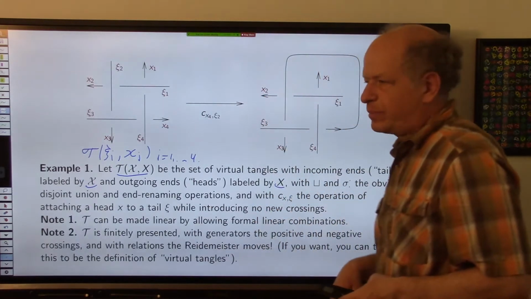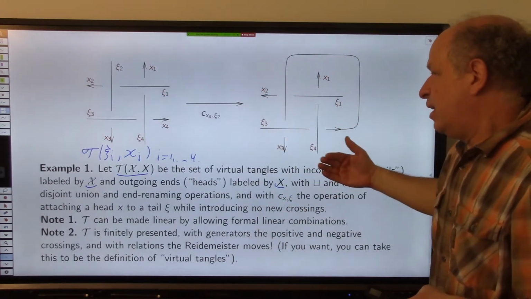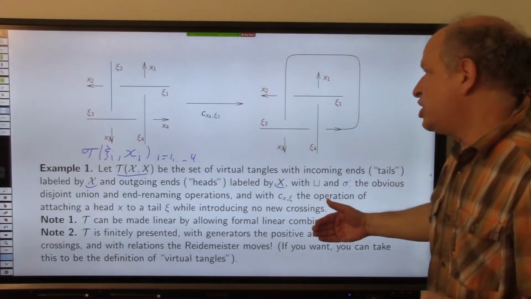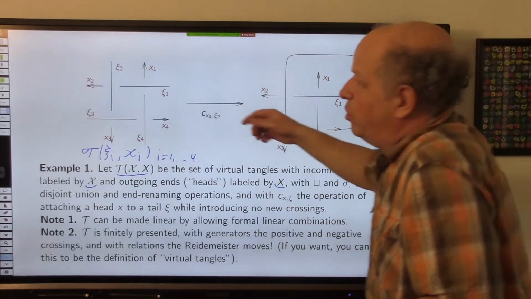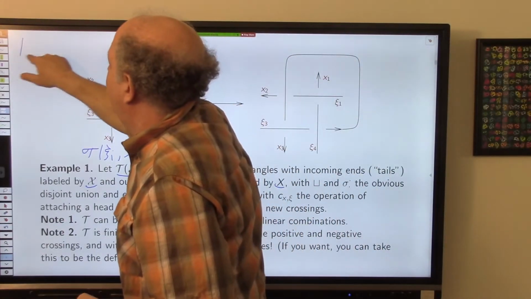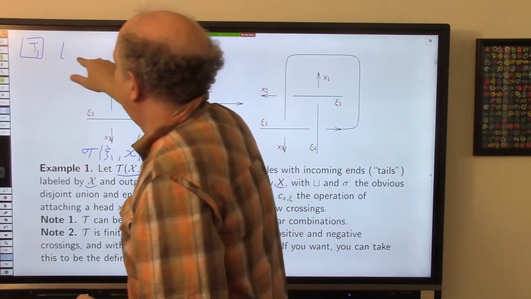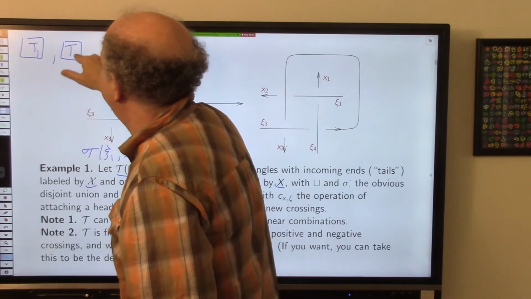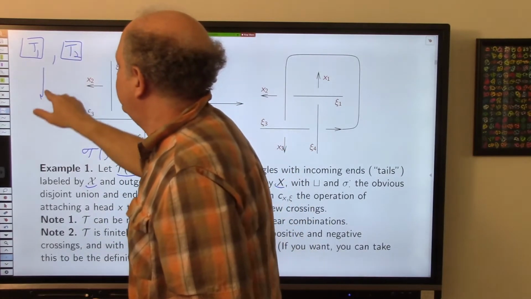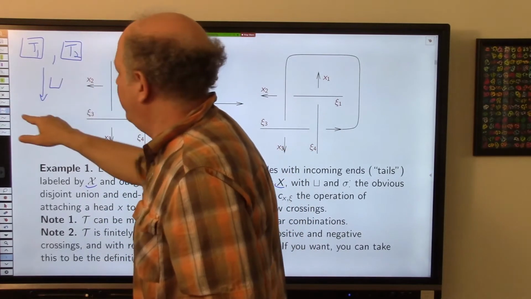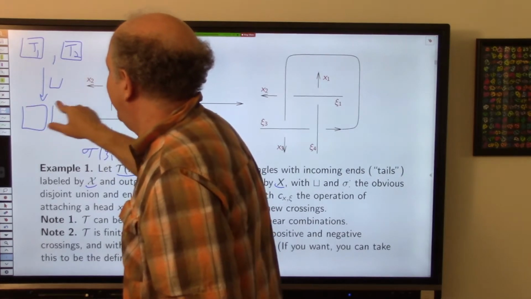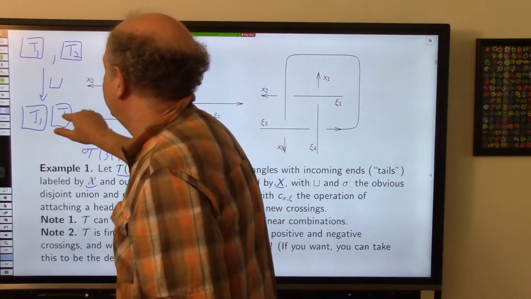Okay? Now, the disjoint union operations are the disjoint union operations. So if you have two tangles, T1 drawn in one piece of a plane, and T2 drawn in a second piece of the plane, then their disjoint union is the operation of drawing them side by side in the same plane.